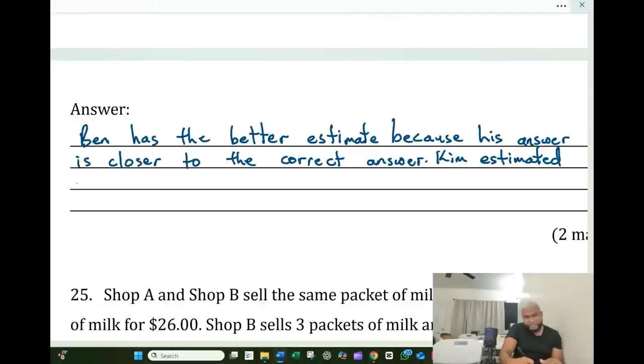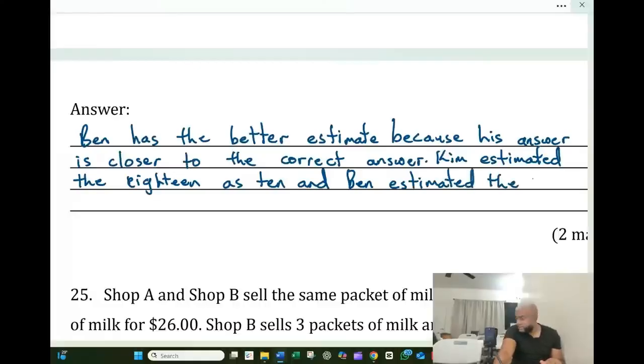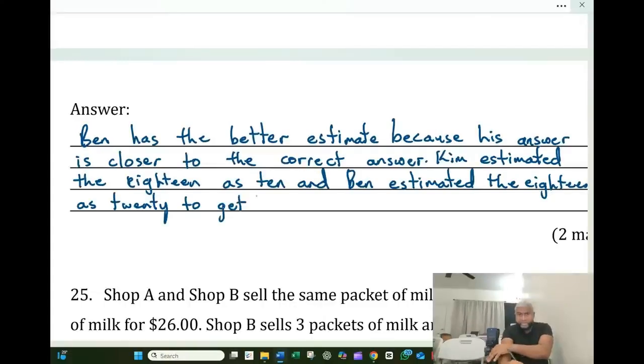Let's put estimated the 18 as 10, and Ben estimated the 18 as 20 to get the answers.